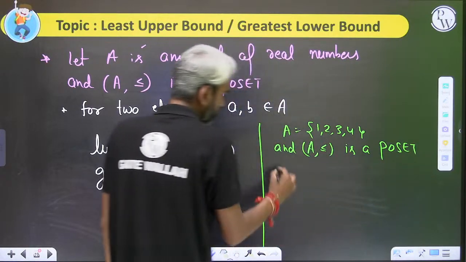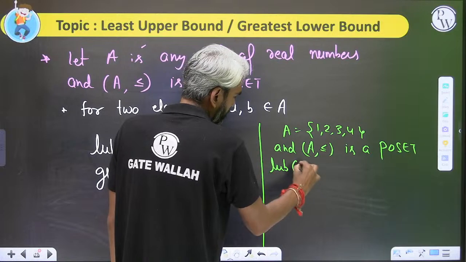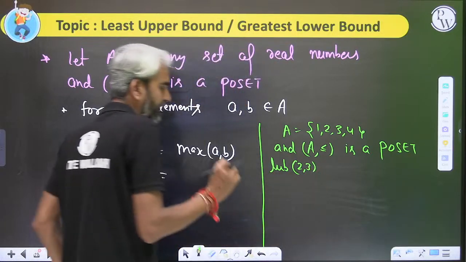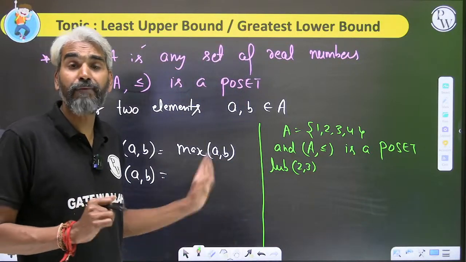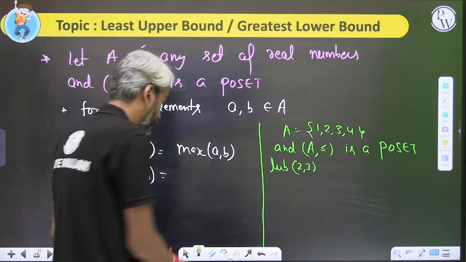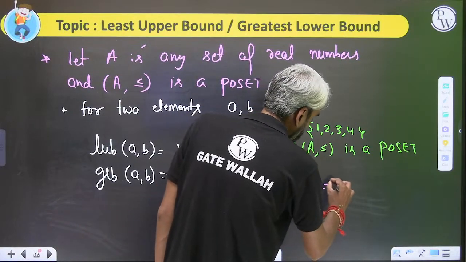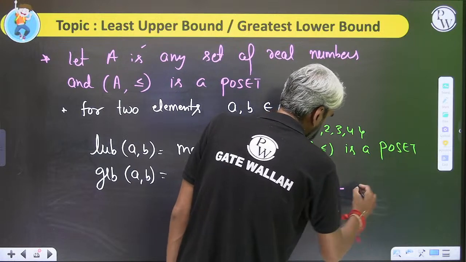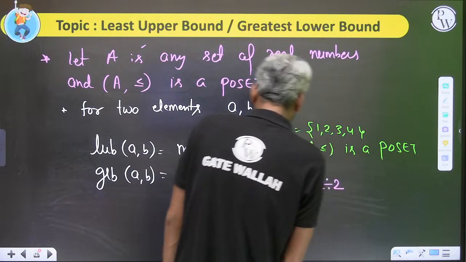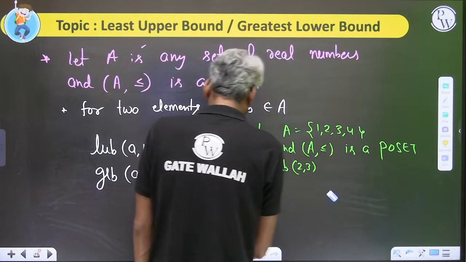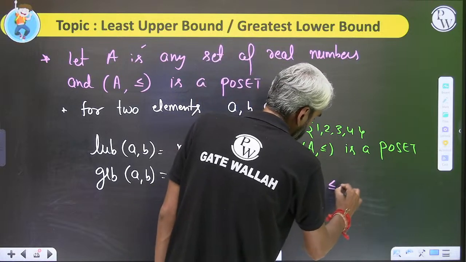So if I ask you, sir, what will be the upper bound of 2 and 3? We are looking at the elements which are on the upper side of 2 as well as on the upper side of 3. First of all, look for the elements which are on the upper side of 2. Is 2 less than or equal to 2?